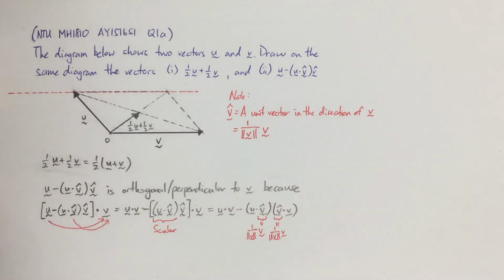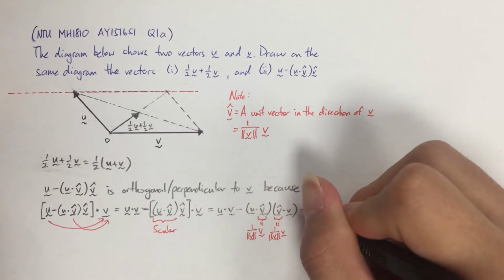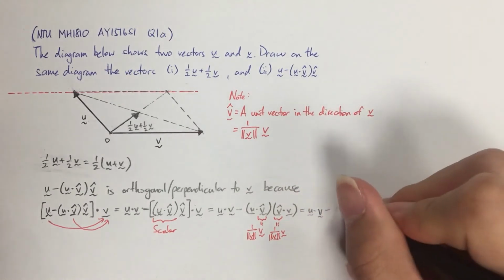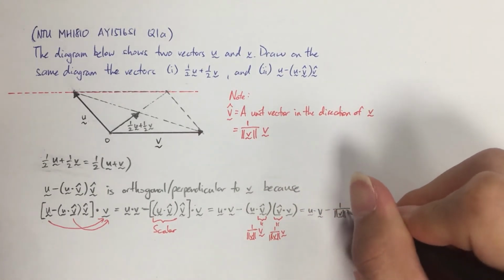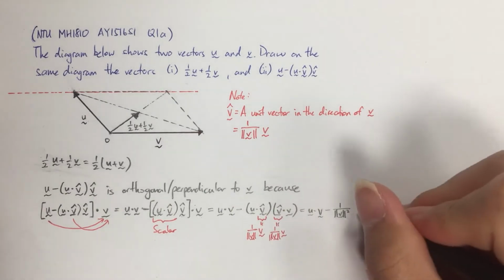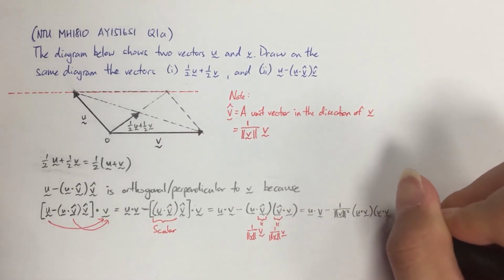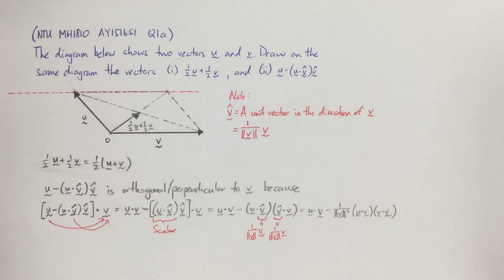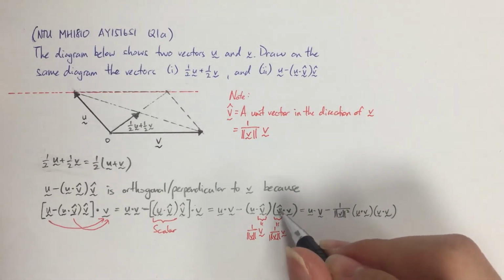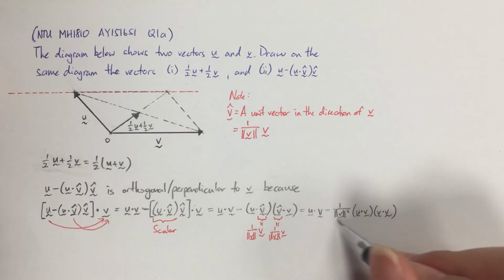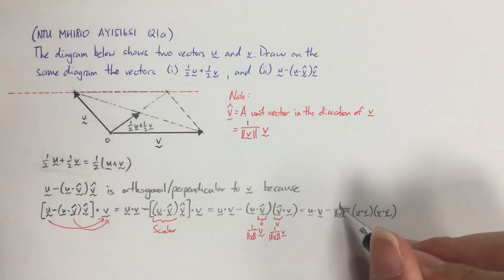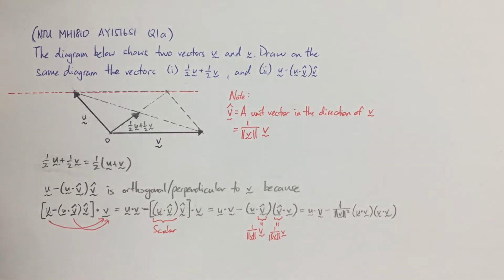So actually we can factorize the 1 over length of v's out, and we will get u dot v minus 1 over length of v squared, squared because we have 2 of these v hats, and then we have u dot v dot v. Just notice that we remove the hats by factorizing out the 1 over length of v's, and we have 2 of them, so it's 1 over length of v squared.